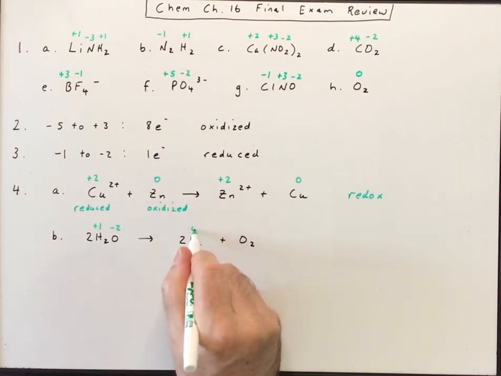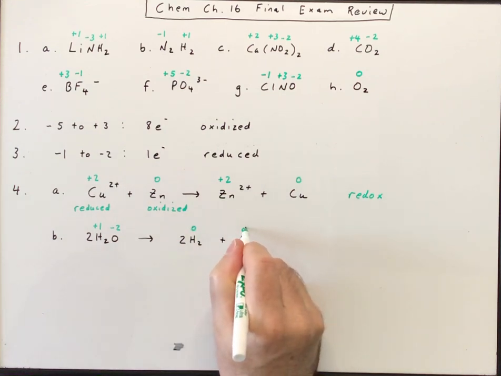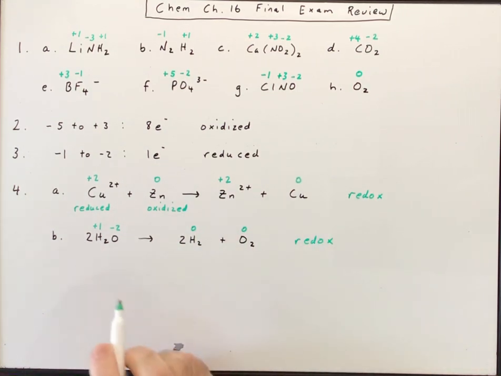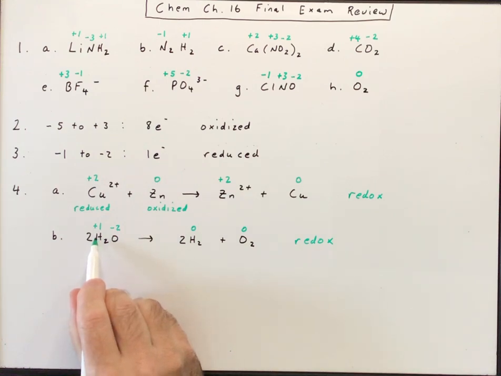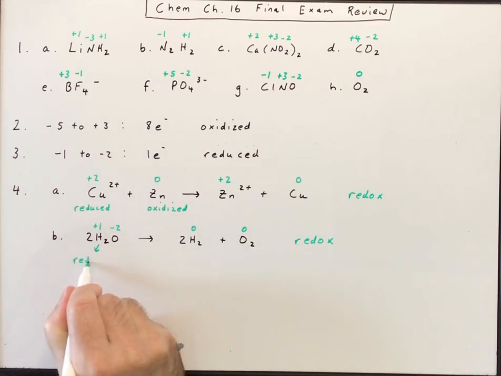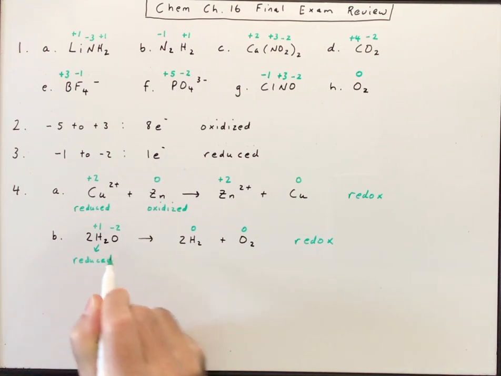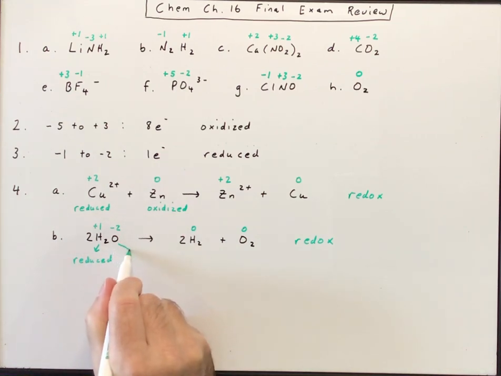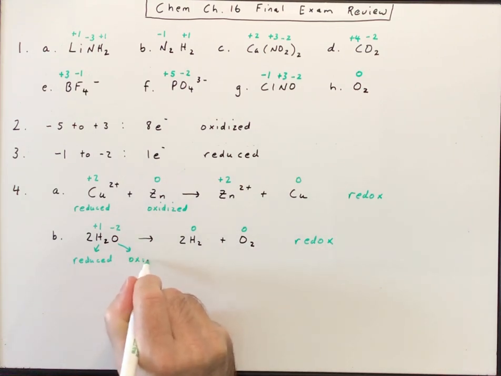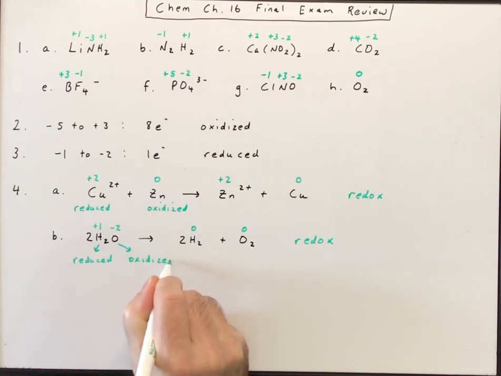And then we have a rule for hydrogen all by itself, oxygen all by itself. So it is a redox reaction because the oxidation numbers change. Hydrogen goes from +1 to 0. That is reduced. And then oxygen would be the other one. It's getting bigger, so it's oxidized.